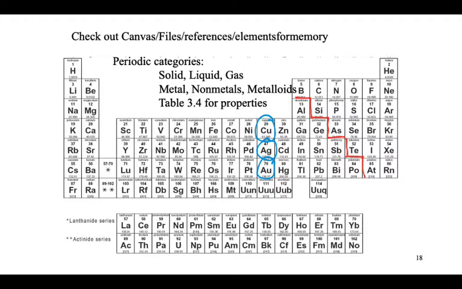Is it perfectly on the staircase? No. That's why I don't like labeling metalloids. And we could easily just look it up, depending on the color pattern. So we've got these bulk classifications that we need to relatively quickly be able to look at, so that when I ask for magnesium, you can tell me what it is.